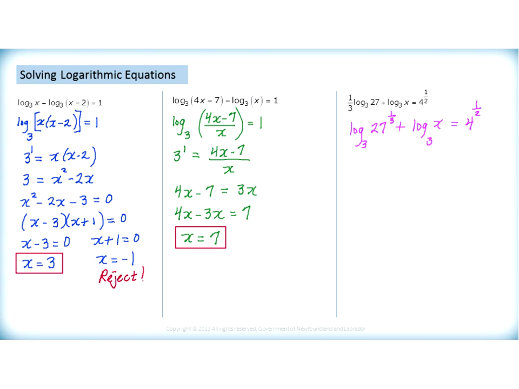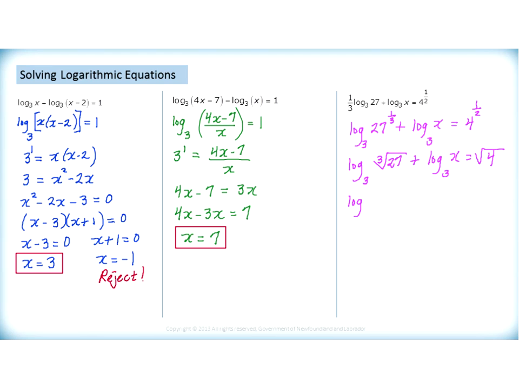Notice that we have a fractional exponent here, so we could convert that to a radical. That would be equal to the cube root of 27 to base 3 plus the log of x to base 3, and similarly, 4 to the 1/2 can be rewritten as the square root of 4.